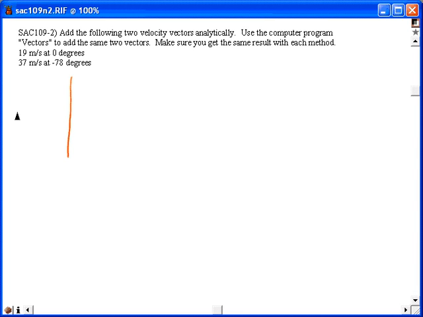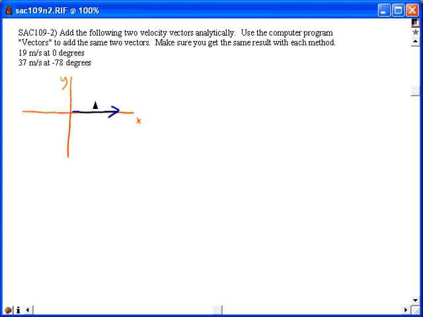So go ahead and draw the vector component diagram, x direction, y direction, and draw that one on there. At 0 degrees it would be in that direction. These are velocity vectors.